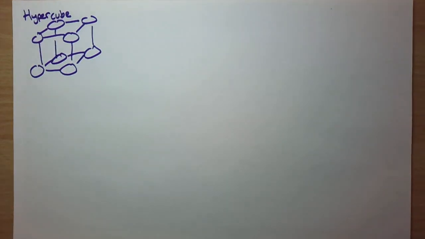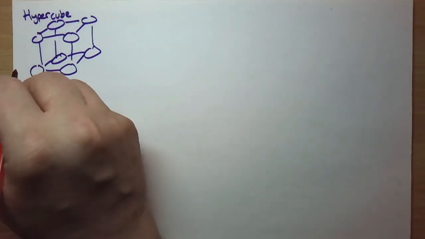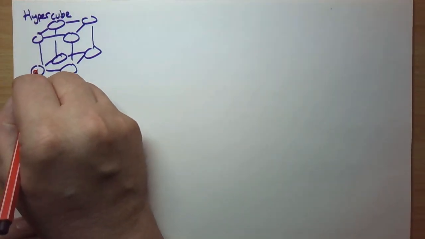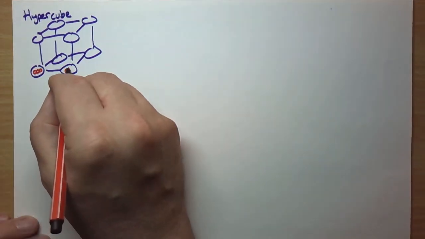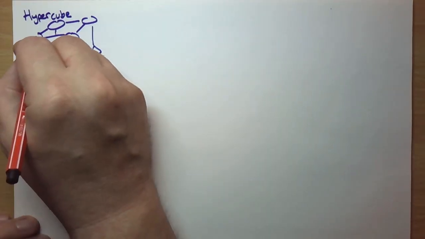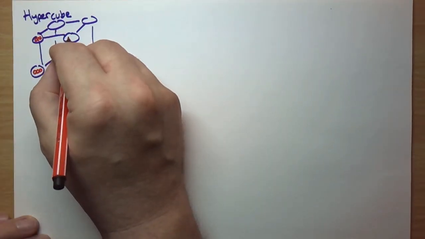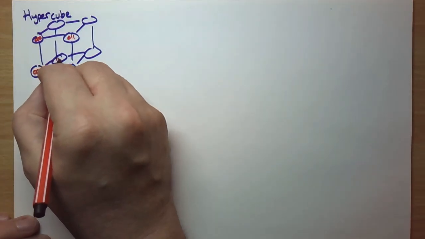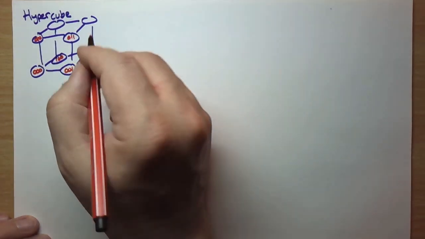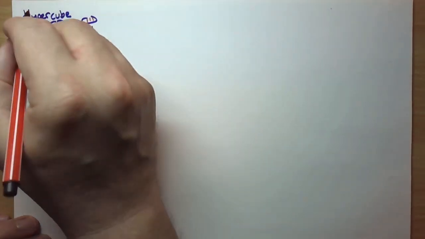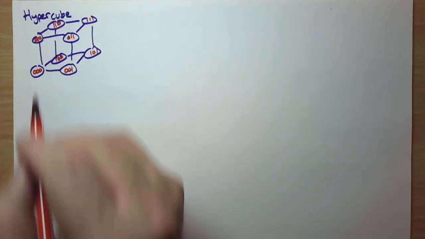One way to think about it is just to think of strings: 000, 001, 010, 011, 100, 101, 110, 111.